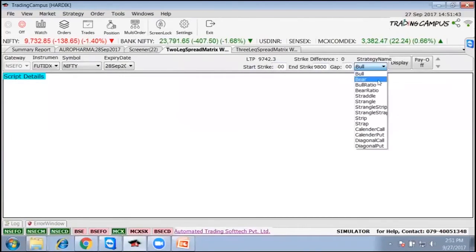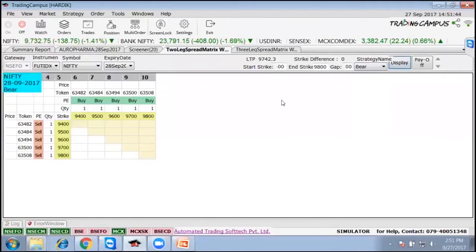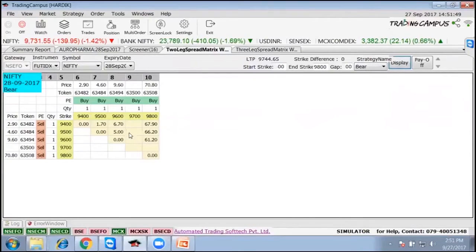I'm bearish on Nifty, so I'm making a bear spread. And if you see over here, for current expiry 20th September, these are all the spreads which are available between 9,400 to 9,800. So what this system does, it automatically gives you all the spreads available in front of your screen, whichever spread you are interested in.